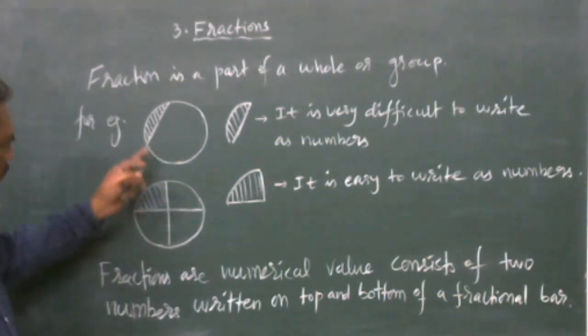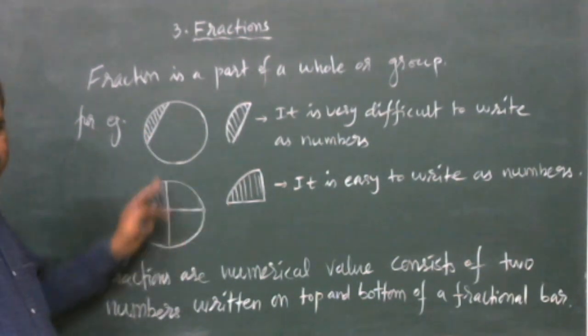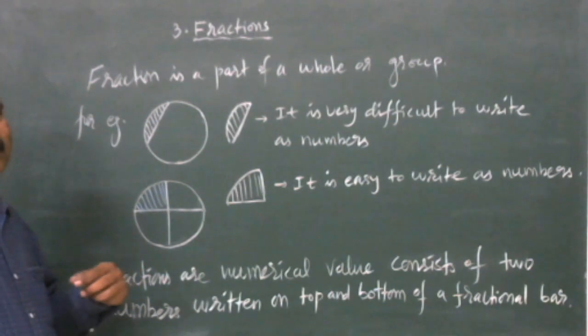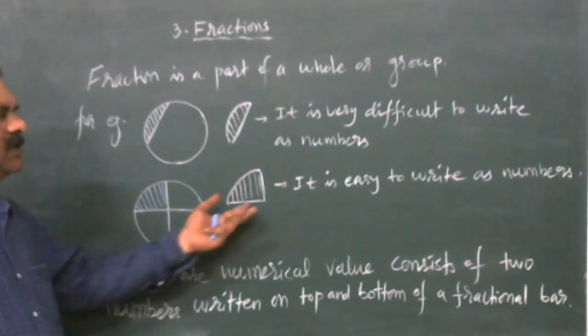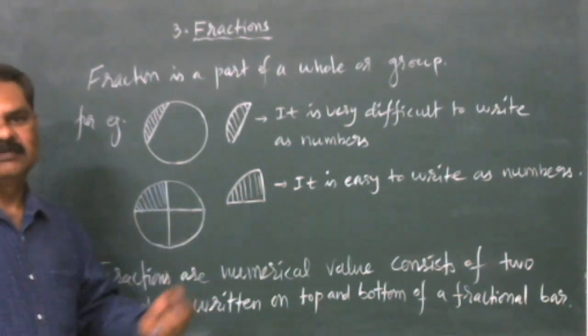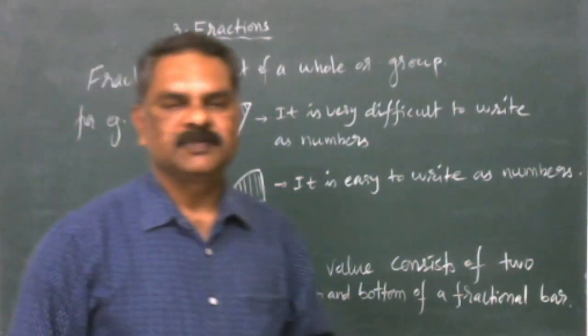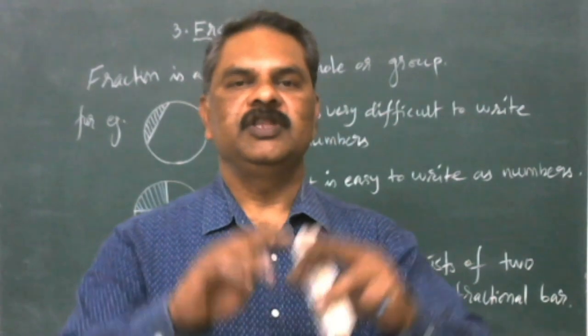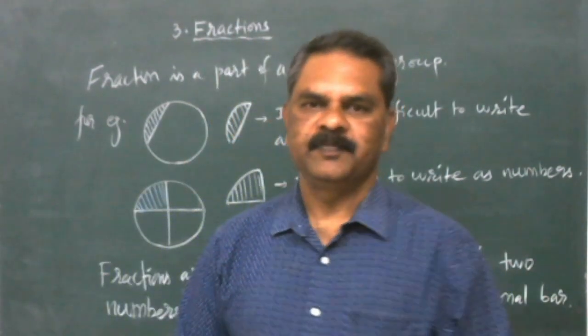Clear? So generally, if we divide the whole thing into equal parts, then it is easy for us to write in terms of numbers. In other words, we can easily compare that part with the whole thing.